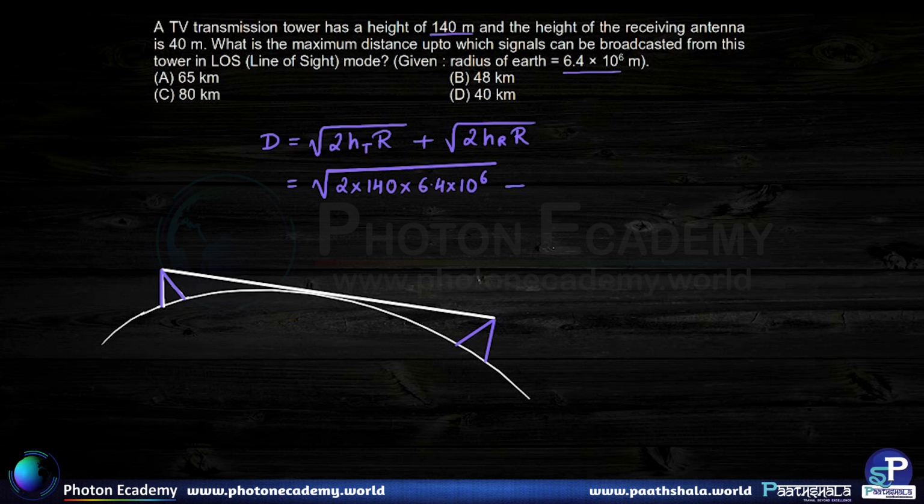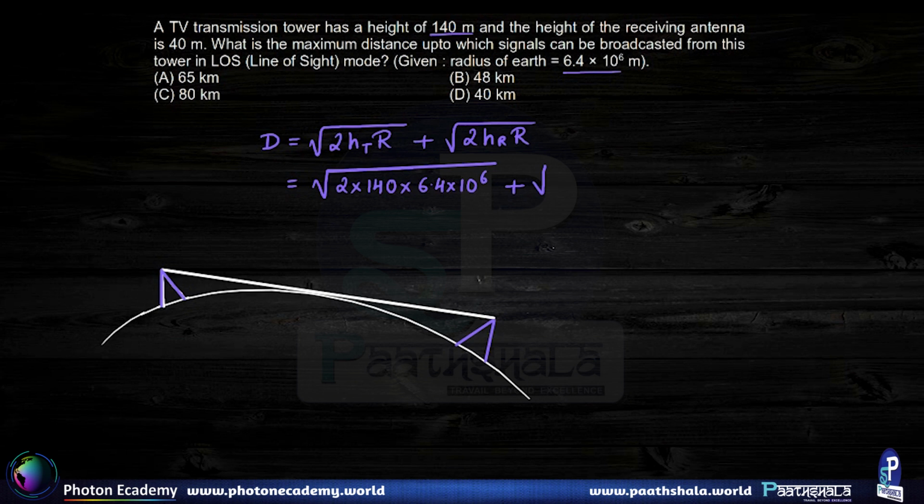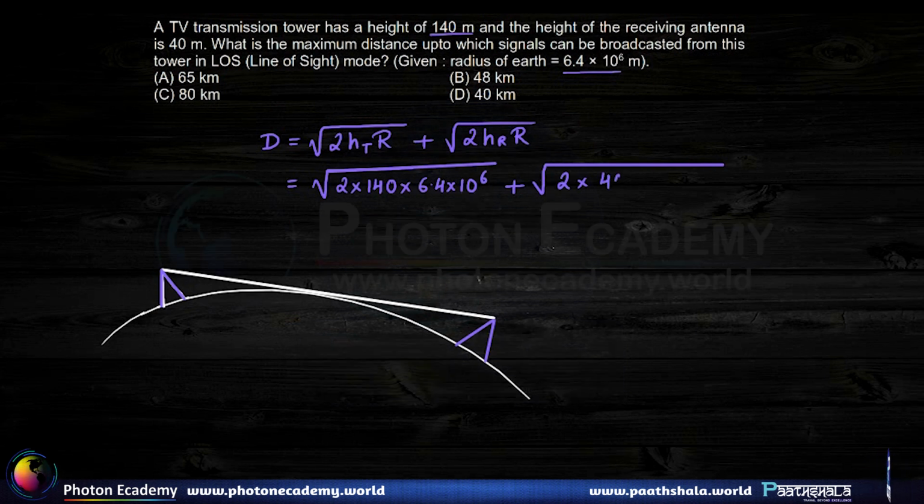Plus root over 2 into height of the receiving antenna, which is given to be 40 meters, into again the radius of Earth, which is 6.4 into 10 raised to 6.